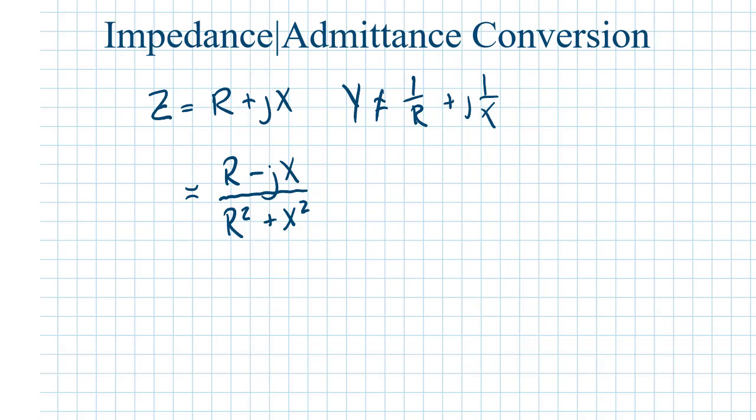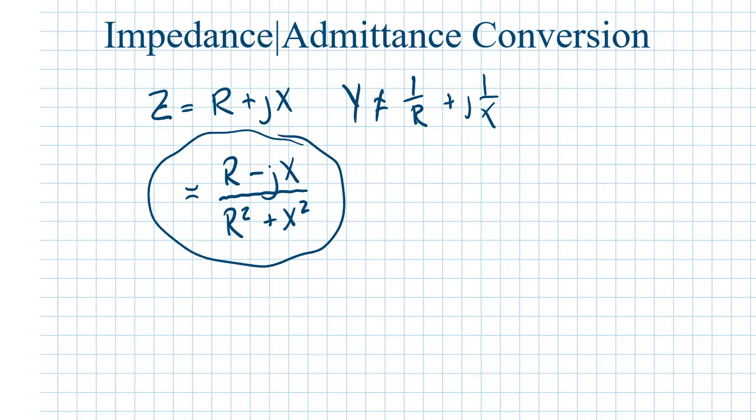That's a result of the fact that with complex numbers, you don't want the J operator in the denominator. So you do a process called rationalization, which is multiplying top and bottom by the complex conjugate. And so you end up with this expression.